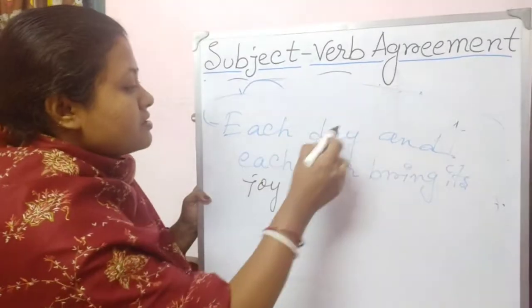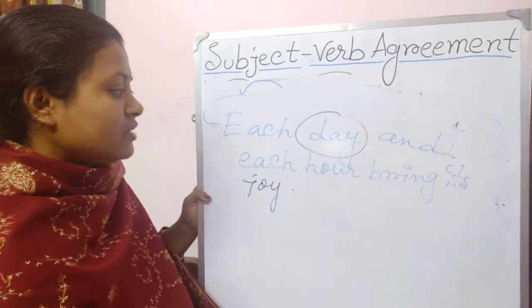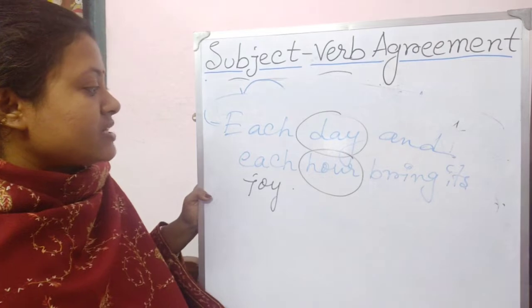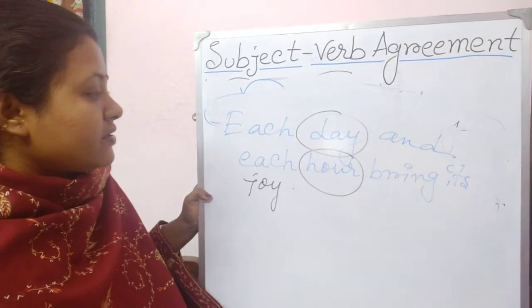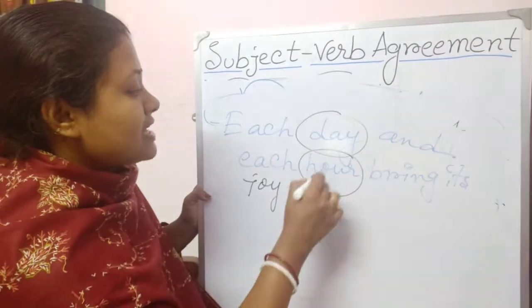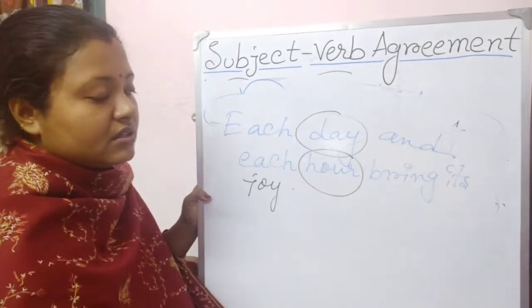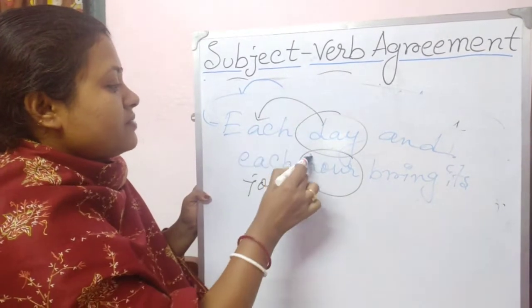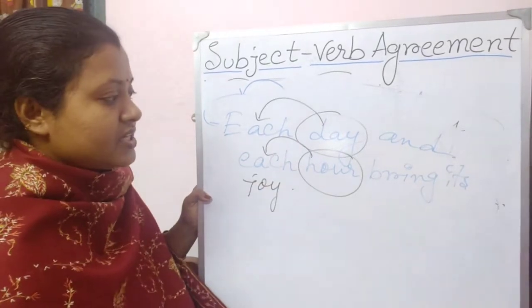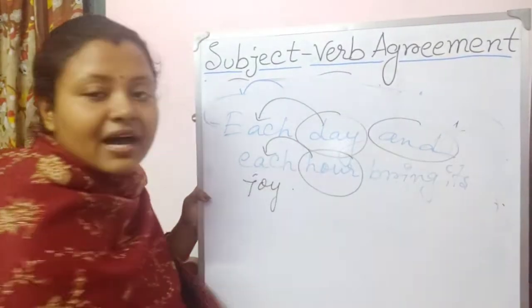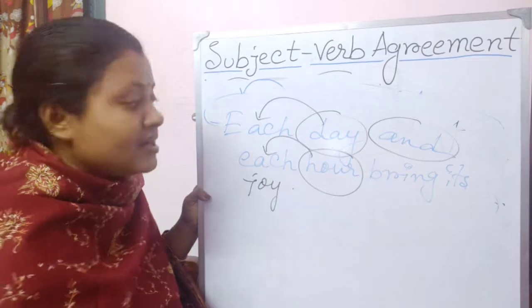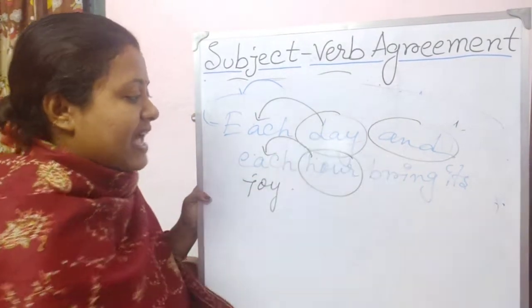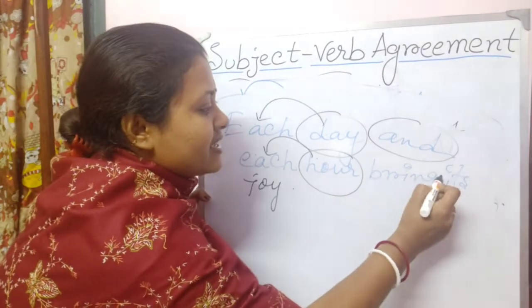So again, singular subjects are there, day and hour. These are preceded by each but joined by and.